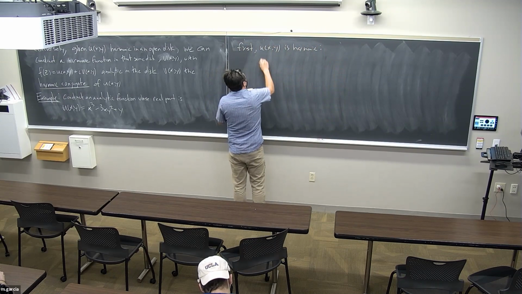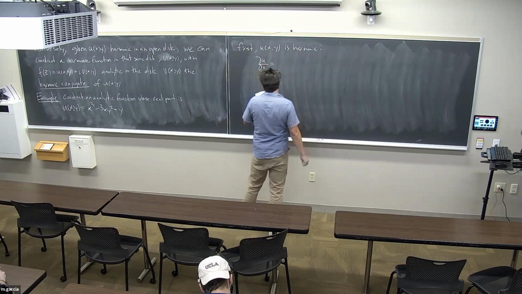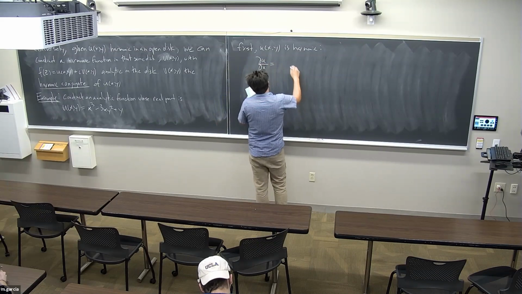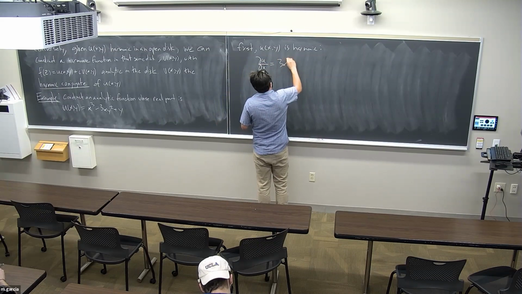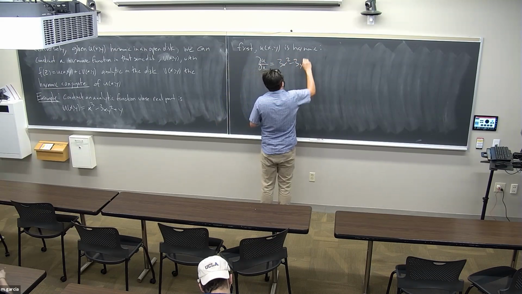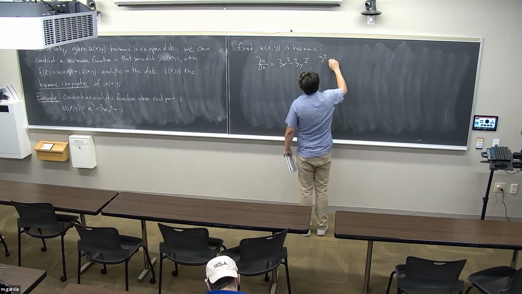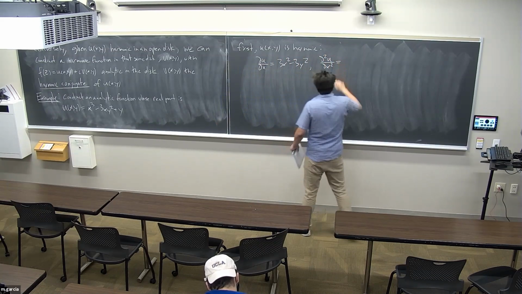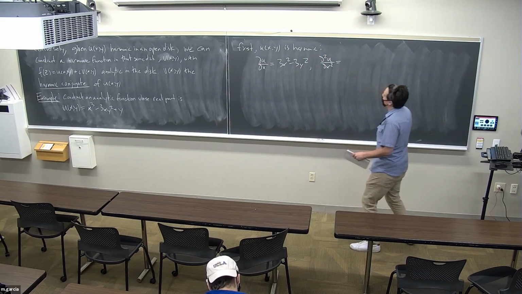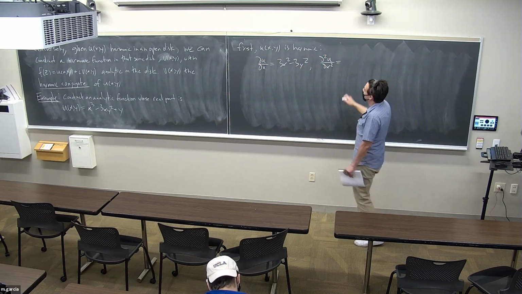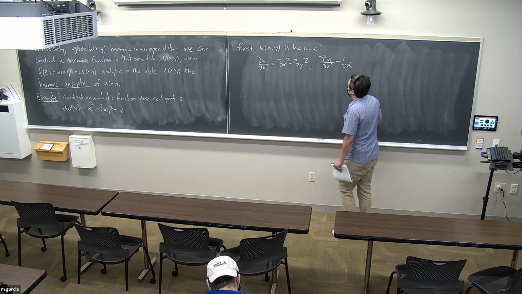First, the partial derivative of u with respect to x is what? x squared minus 3y squared. Good. And then let's iterate that differentiation. What do we get when we take the derivative with respect to x again? 6x. Good.